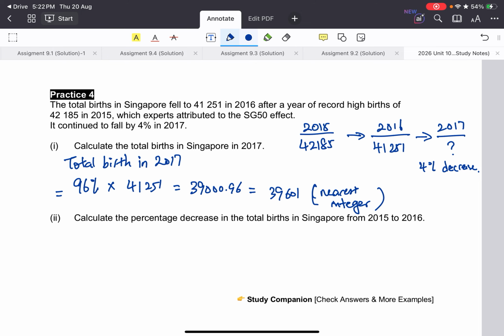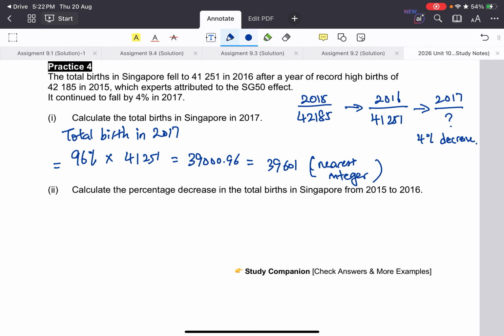Part 2, calculate the percentage decrease from 2015 to 2016. The decrease is the difference between this value here and this value here. So the percentage decrease is the difference, which is 42185 minus 41251, over the denominator, which is the original amount.